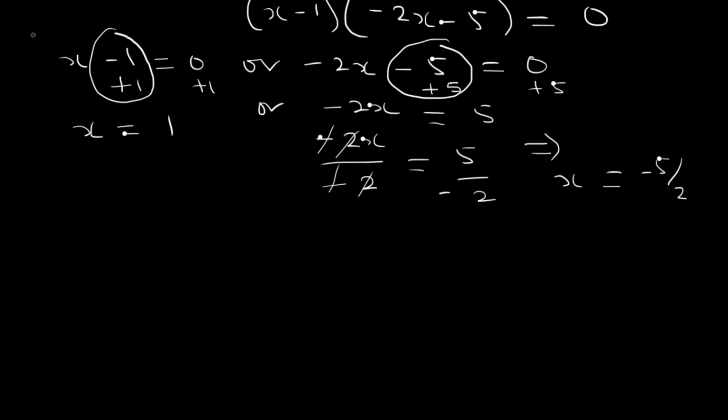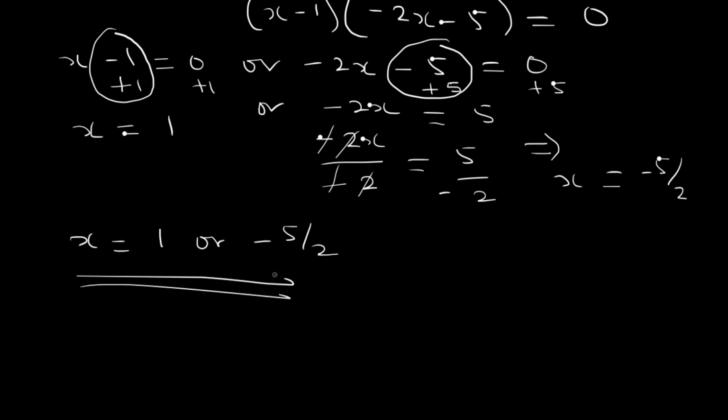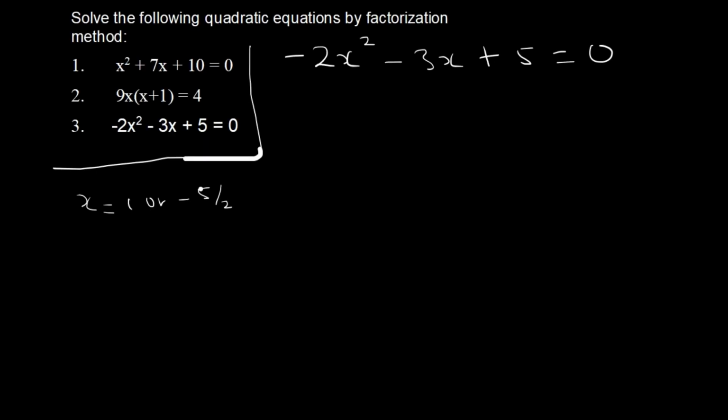So we have that x is equal to 1 or minus 5 over 2 as our answer. So the roots of the equation are 1 or minus 5 over 2. And we can actually confirm our answers by substituting the values of x into the equation minus 2x squared minus 3x plus 5.